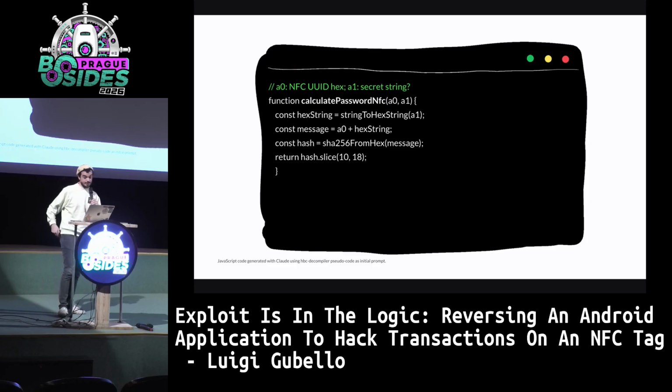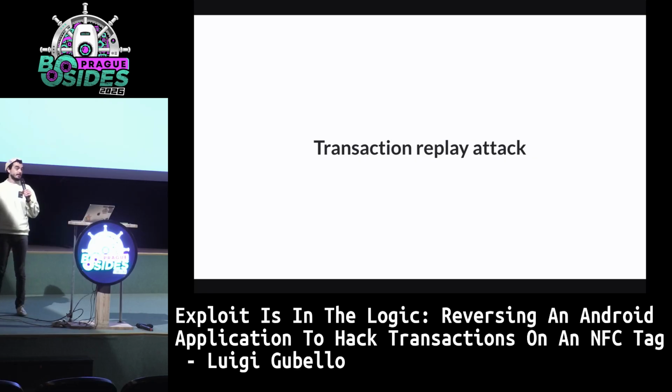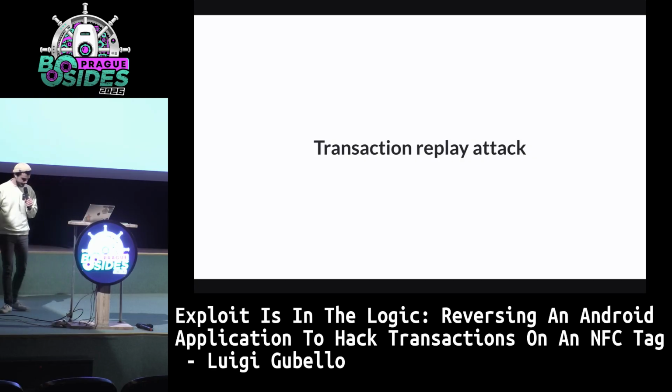It is the transaction replay attack. Well, this is quite a basic approach in general. You have an NFC tag and you just try to replicate the data. So copy the data that you have in another slot and see if the reader considers the new data valid. How can you prevent this kind of attack? Well, it depends.